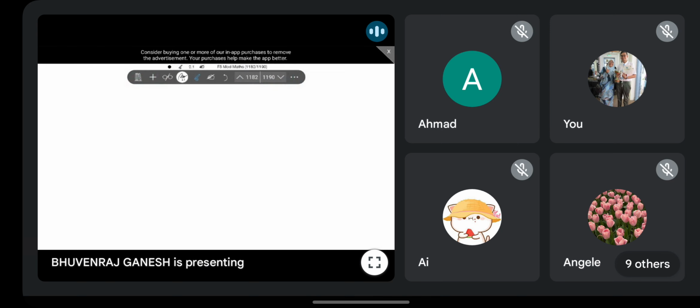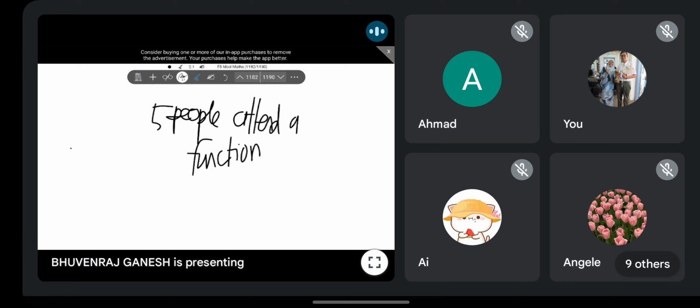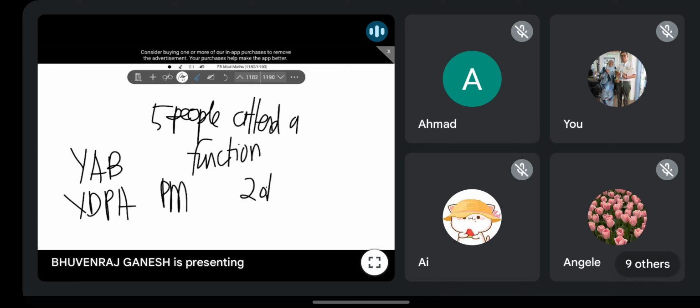I insert a page. So guys, let's say five people attend a function, a daily life situation. Whatever function, I don't know. So we have the YAB, the YDPA, the PM, and two other people.